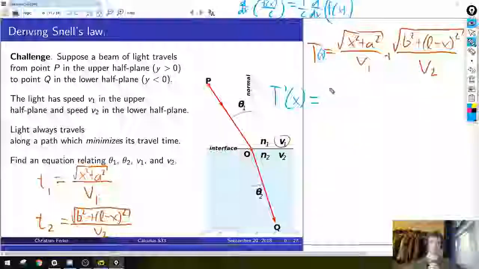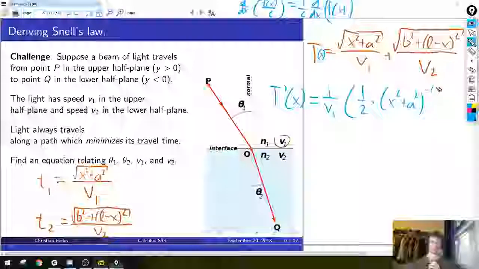We see by the chain rule that this is going to be equal to 0.5 times x squared plus a squared to the power of negative 1/2. Good. And then the inside. And the inside's derivative, assuming a is a constant, is just 2x. Good. Okay. Looks right.